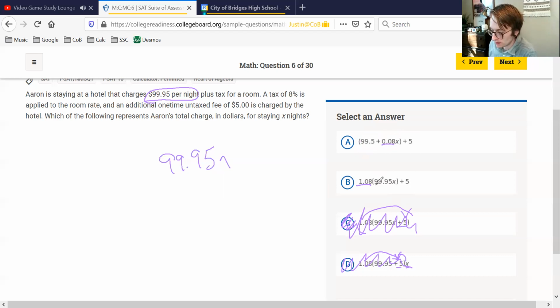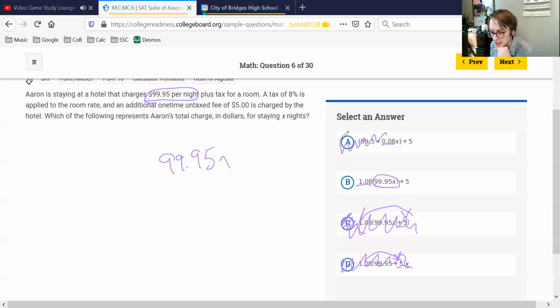And this one, though, that 99.95 isn't being multiplied by the number of nights that you're staying. That's what we're looking at. And this one, it is 99.95 times the number of nights that you're staying. So it looks like A is not a candidate.